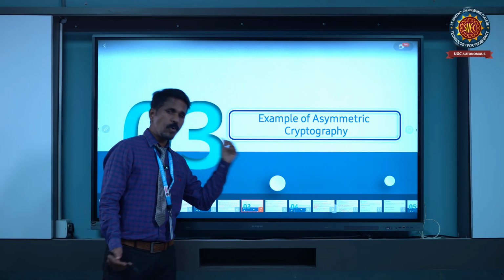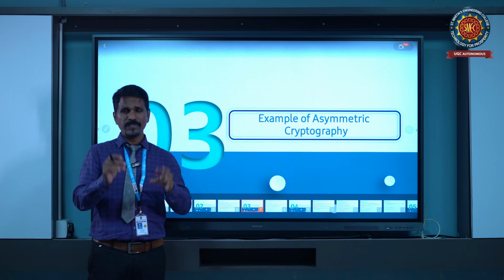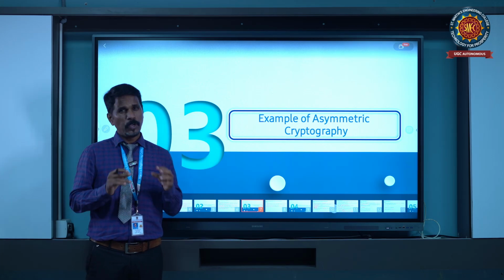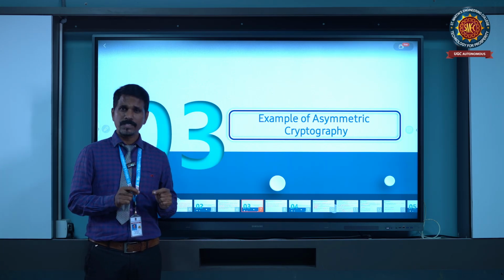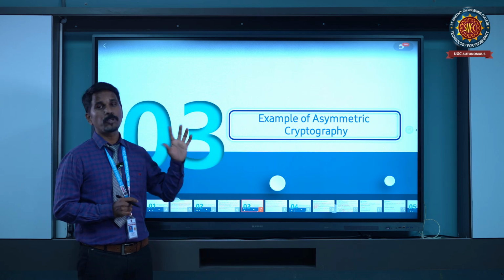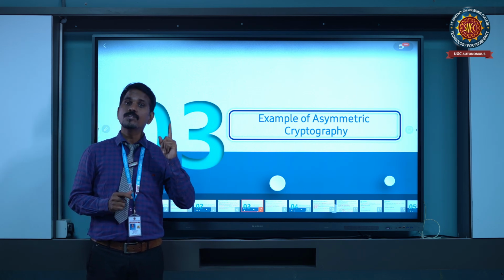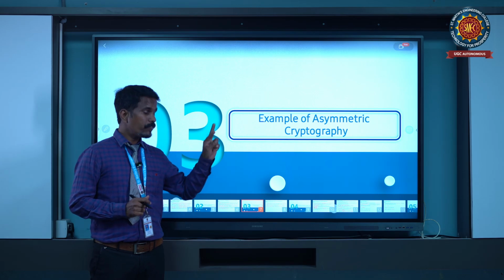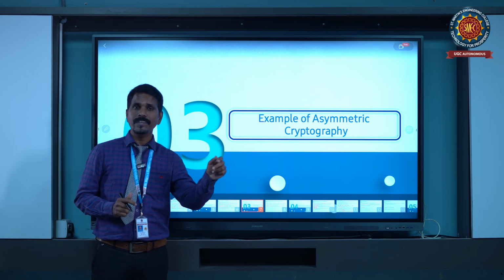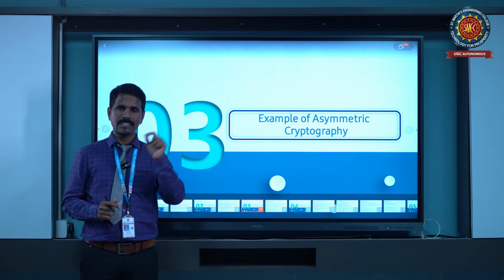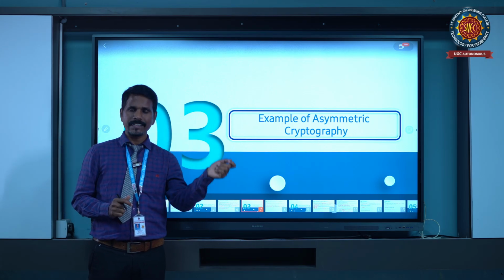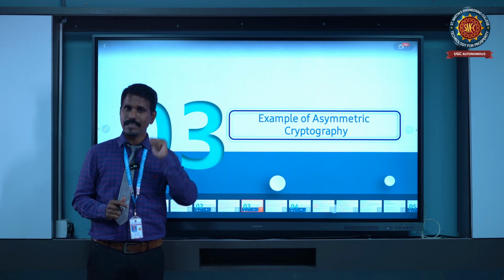Before we go to the RSA algorithm, we first understand asymmetric, because the RSA algorithm is one of the asymmetric cryptography. Why? Because two different keys are used. We need to understand the difference between symmetric and asymmetric. In symmetric, both ends, sender and receiver, use the same key.